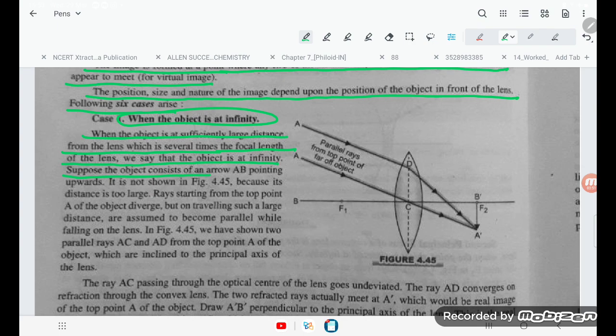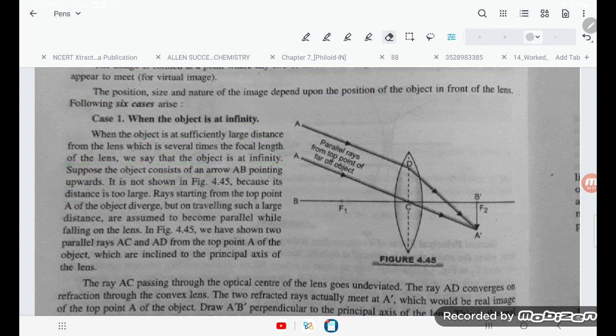Suppose the object consists of an arrow AB pointing upwards. It is not shown in figure 4.45 because its distance is too large. Rays starting from the top point A of the object diverge, but on traveling such a large distance are assumed to become parallel.